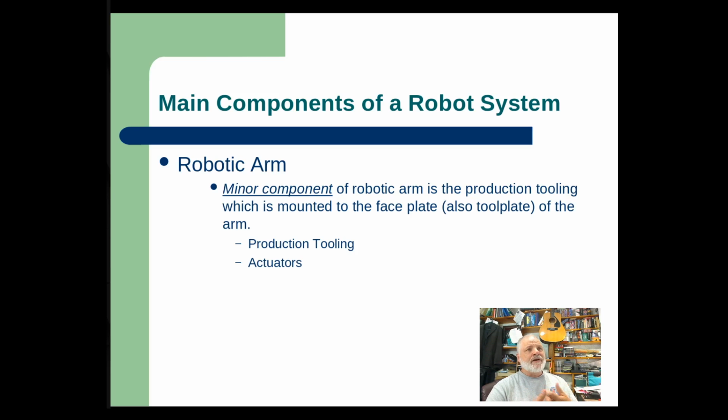Now the tip of the arm where we attach the production tooling, which could be a gripper or a welding tip, is mounted to the moving tip of the robot, which is a flat surface they refer to as the faceplate, sometimes the tool plate, but usually the faceplate.